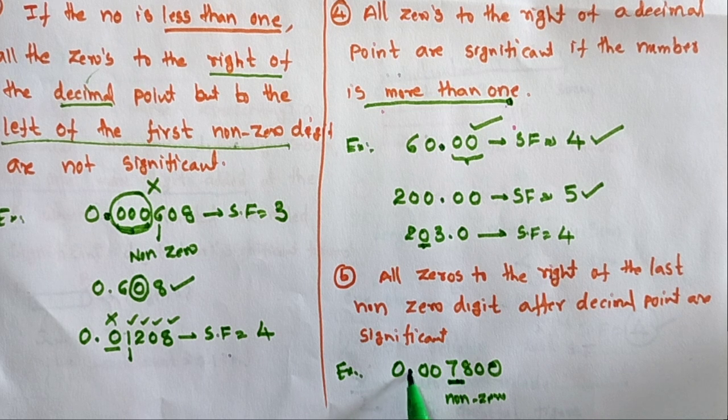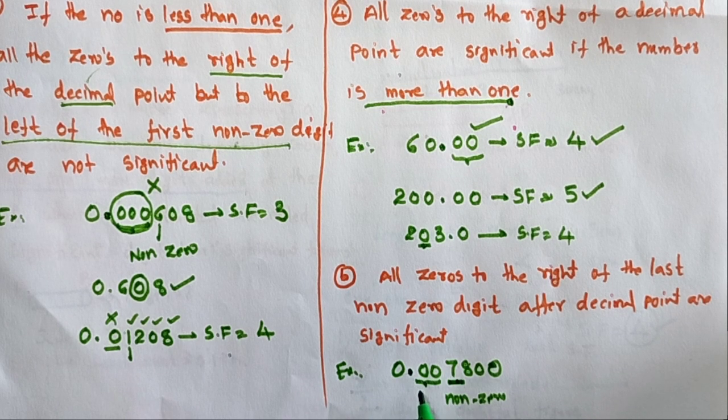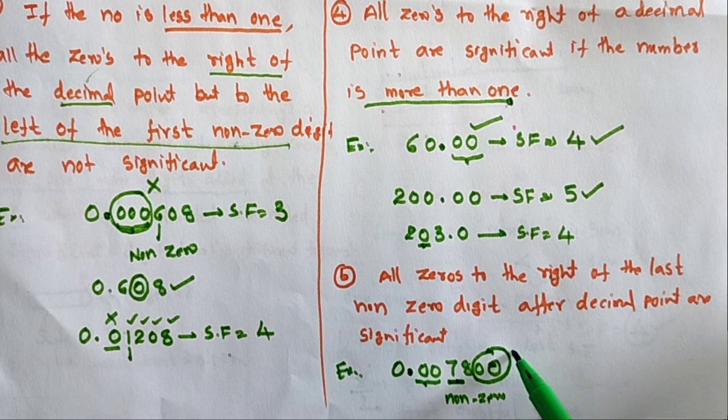At the decimal point, to the right, how many zeros are there? 2 zeros are there, and they are not significant. Rule number 3. But these zeros after 8 are special. So these zeros after 8 are significant figures.